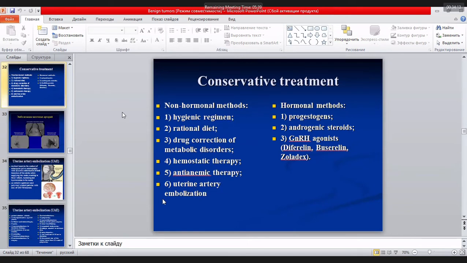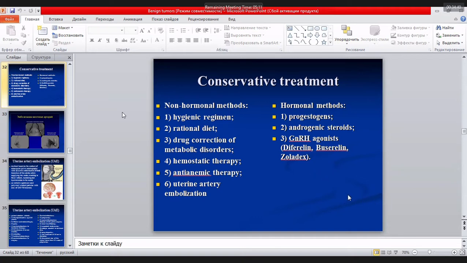But pay attention to this, which we name conservative but looks like operative treatment: uterine artery embolization and hormonal treatment using progestogens, androgenic steroids, gonadotropin releasing hormone analogues, Diferelin, Buserelin, Zoladex, which promote the stop of menstruation and decrease of the size of fibromyomas.